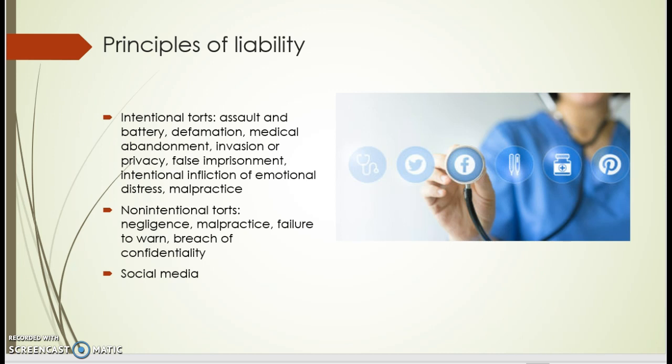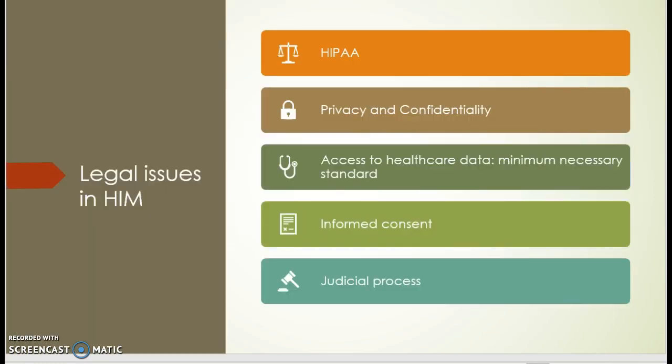Malpractice can actually fall in both of those, but assault and battery, healthcare providers can be charged with assault and battery, abandonment, invasion, false imprisonment with the use of restraints, emotional distress, breach of confidentiality, and be very careful with social media and talking about anything at work.